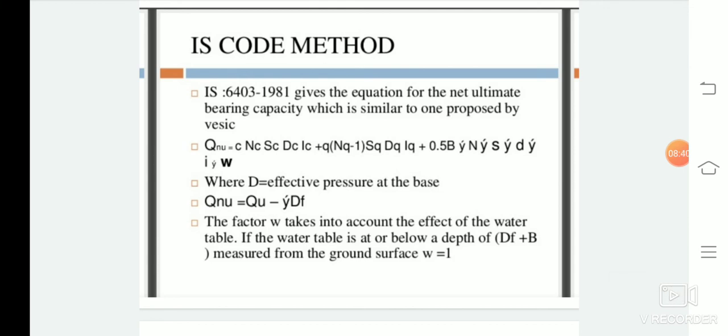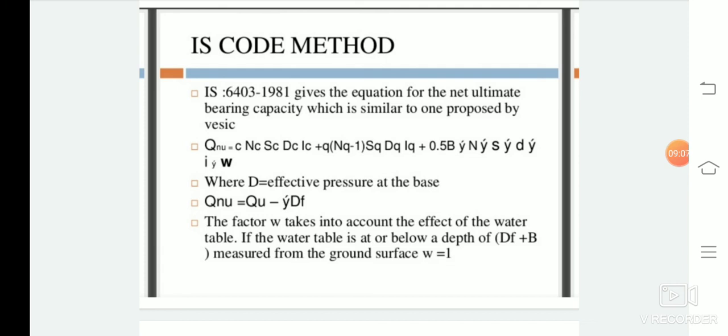The values of Nc, Nq, N gamma are given by the Terzaghi bearing capacity factors, and c is the cohesion of the soil. So what are these shape factors, depth factors and inclination factors?